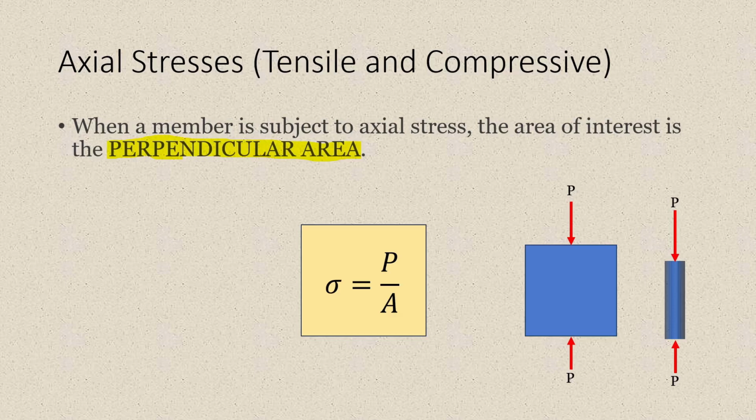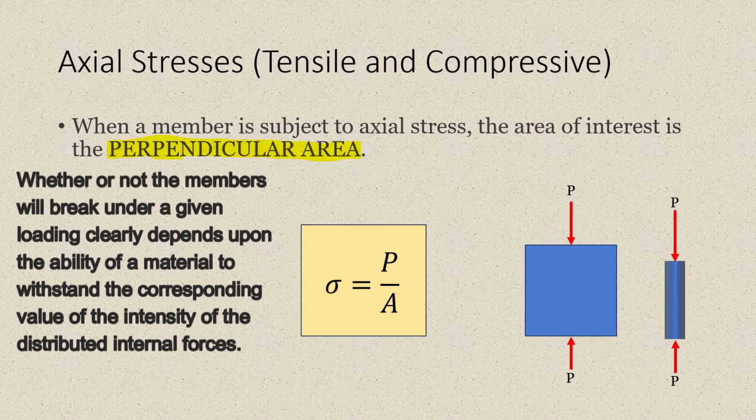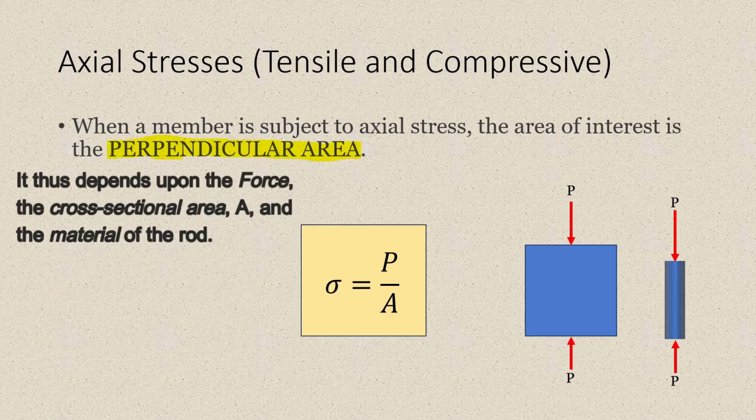As such, the internal force represents the resultant of elementary forces distributed over the entire area, and the average intensity of these distributed forces is equal to the force per unit area. Whether or not the members will break under a given loading clearly depends upon the ability of a material to withstand the corresponding value of the intensity of the distributed internal forces, and thus it depends upon the force, the cross-sectional area, and the material of the rod, which will give us an idea of the allowable stress.